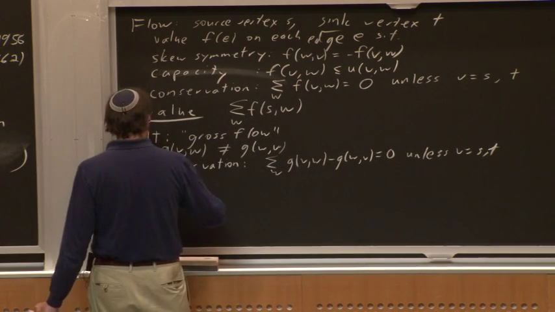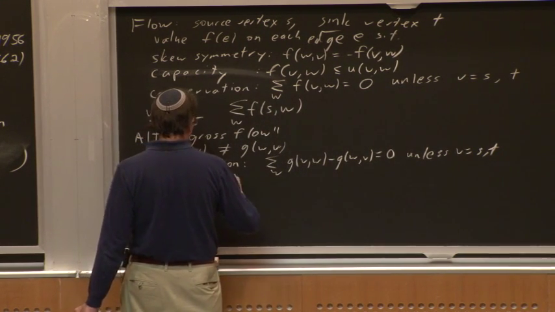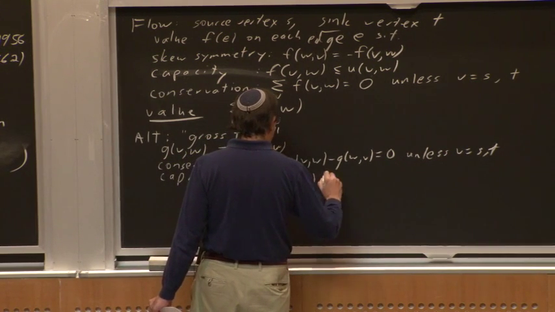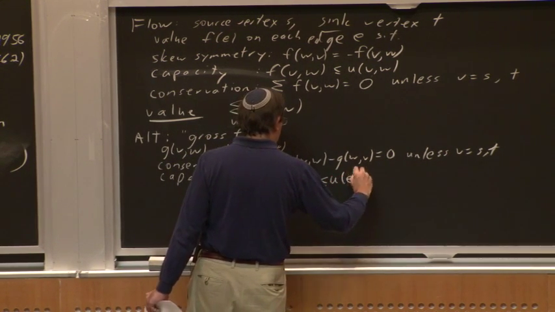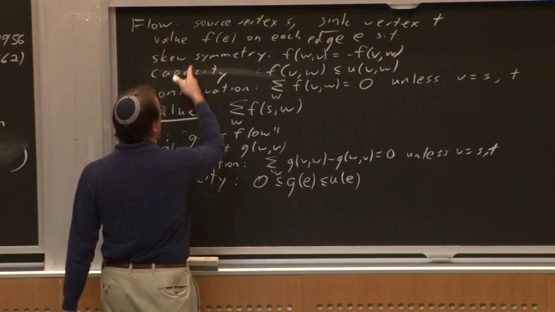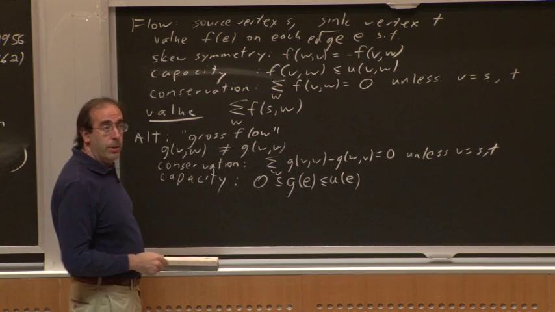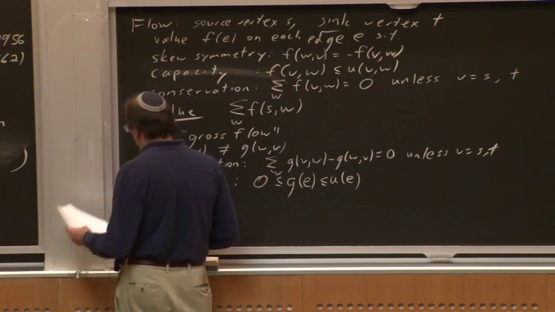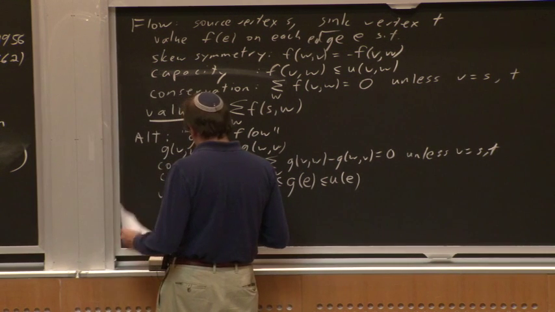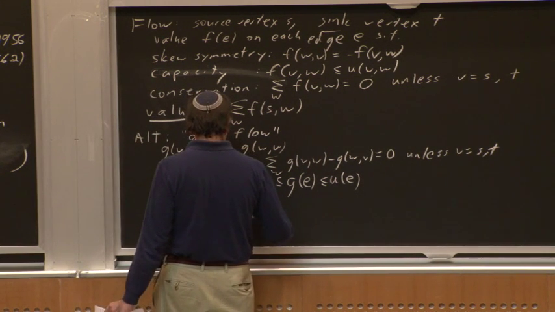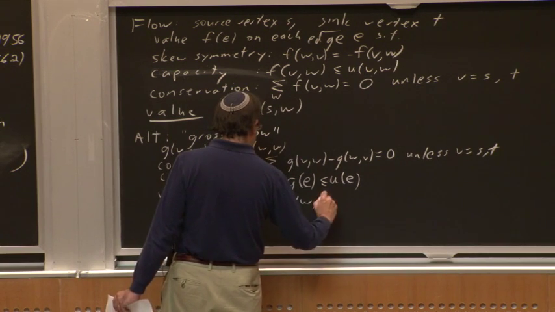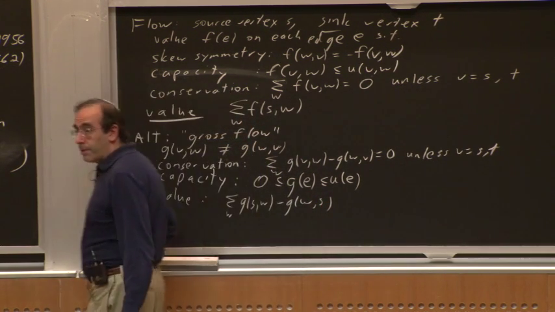Your capacity constraints would now be written by saying that you want positive values on your flows, and now you don't have the skew symmetry criterion anymore because everything is forced to be non-negative. And now the value of your flow is the sum of the flow out of S on various edges minus the flow into S on various edges.